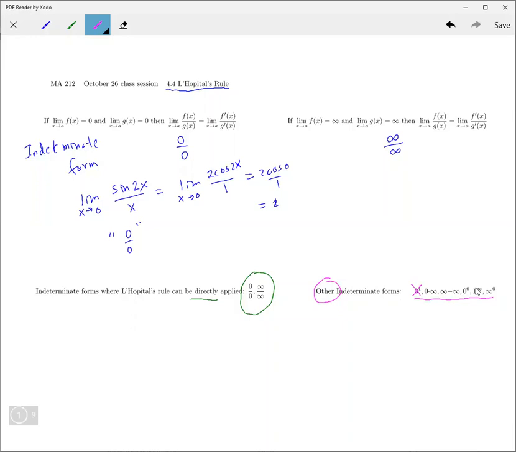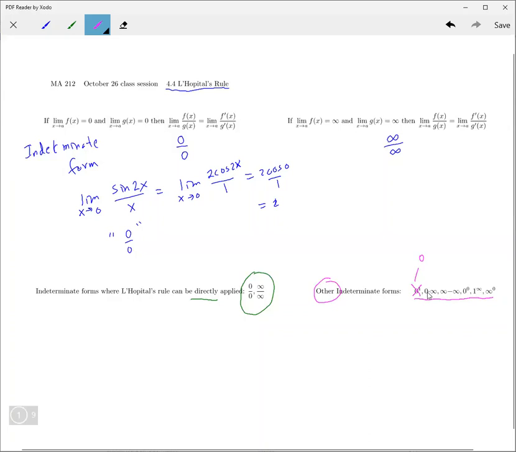I don't think 0 to the 1 is indeterminate. I think I should have written 0 to the 0. Okay, yeah, it's not indeterminate, because that's just going to be 0.